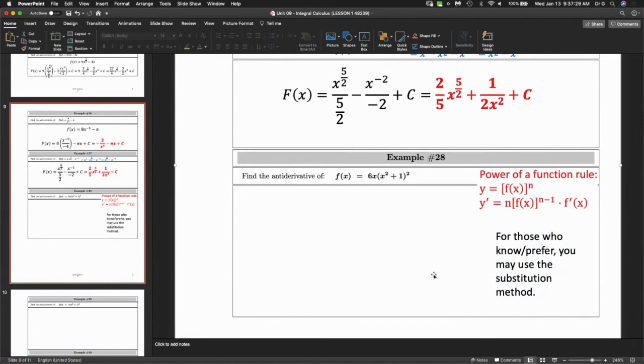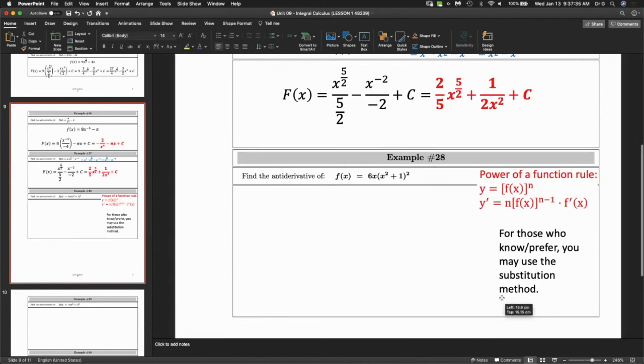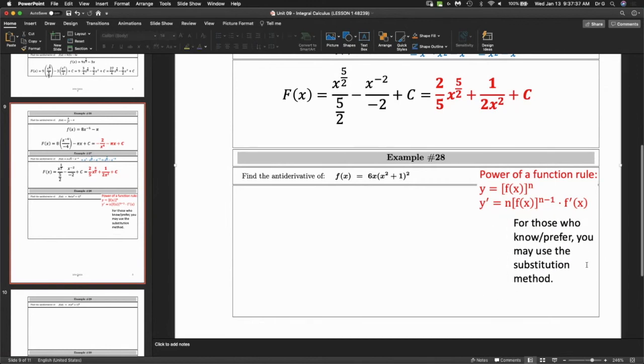For those of you who know or prefer, you can use something called the substitution method. I'm not going to be using the substitution method here because I did not teach you something else in the fall called chain rule. So for that reason, I'm not going to use this. But I'm going to talk about the method that I'm going to teach you, and it's very similar to what the book does. That's really the reason I do it this way, because the book does it this way as well. So I'm going to go out on a limb here and guess the answer.